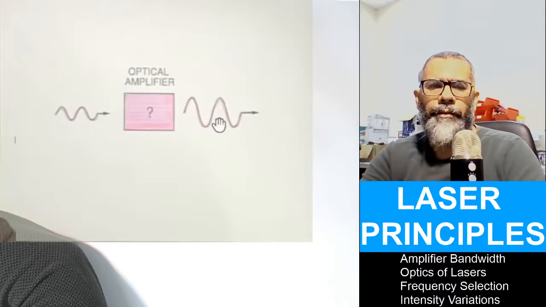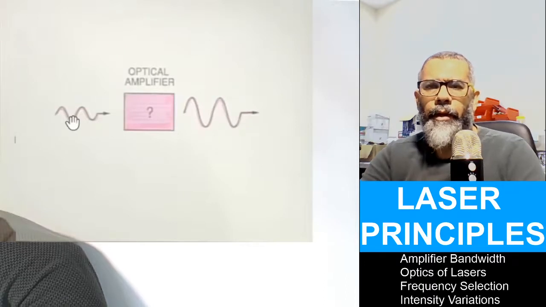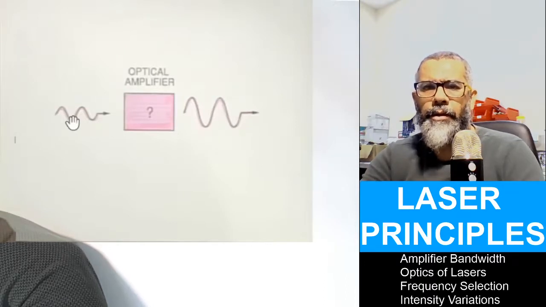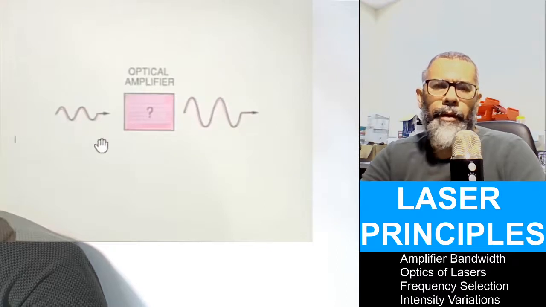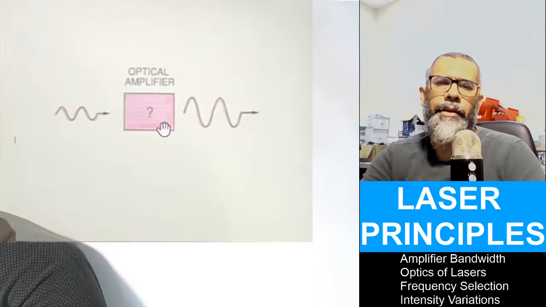The difference between these two lights is that the output light has a larger amplitude compared to the input light. Larger amplitude means higher intensity output. You may not know how the amplifier does this, but you know what it does.